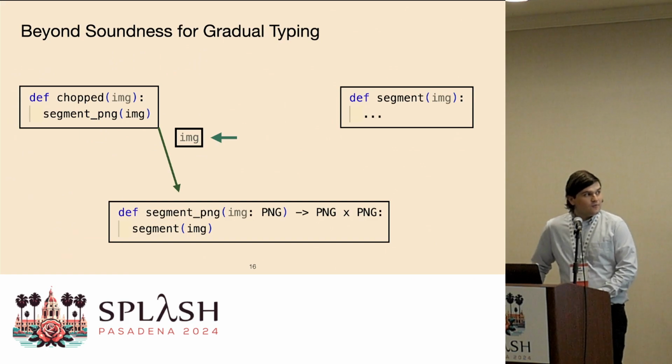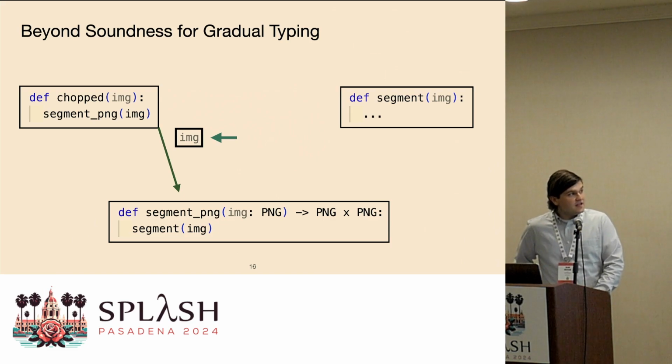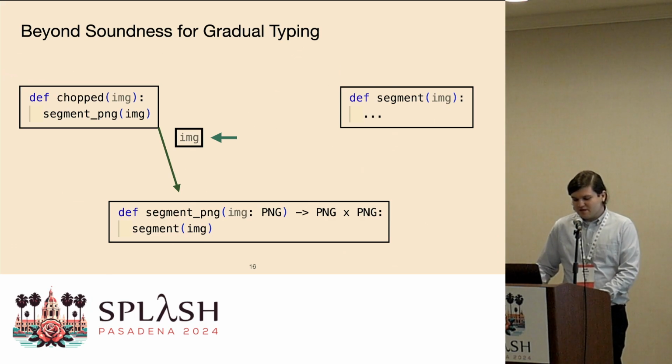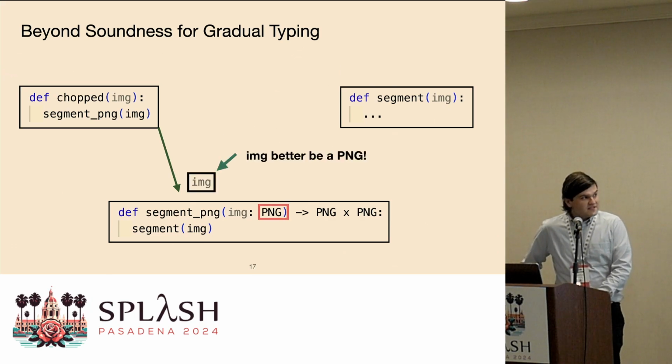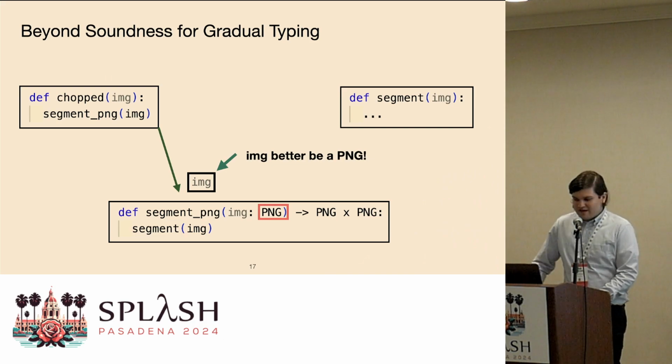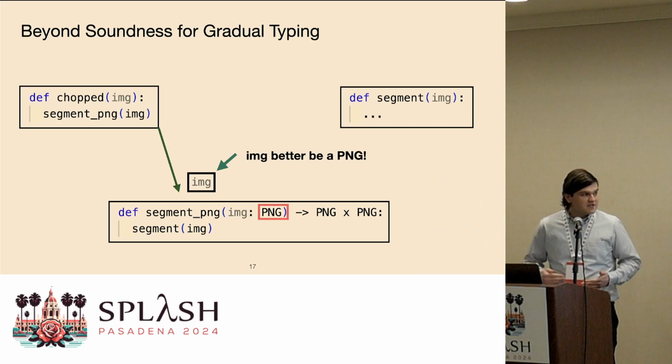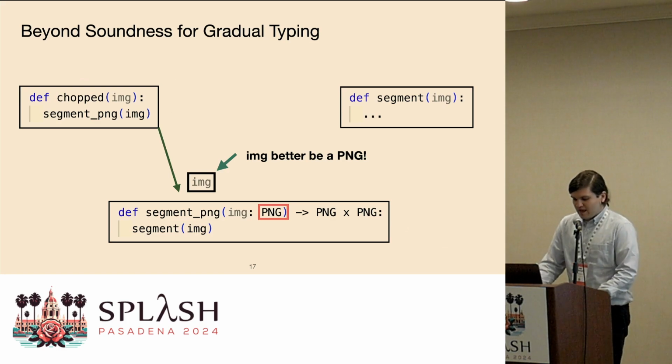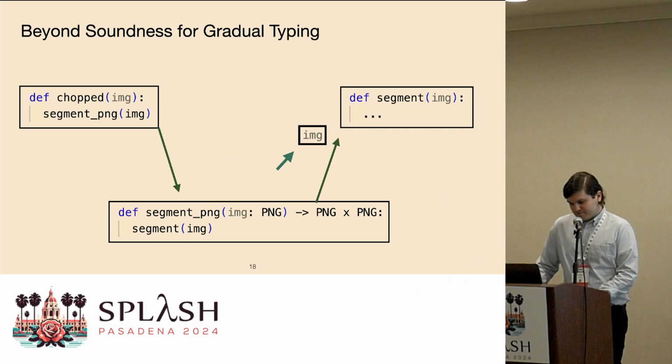So let's see what exactly happens as we flow values through this program. The user takes an image and sends it to segment PNG. In segment PNG, we see this PNG annotation. So this becomes kind of an assertion that the user has that the image better be a PNG. And then that gets sent into segment.